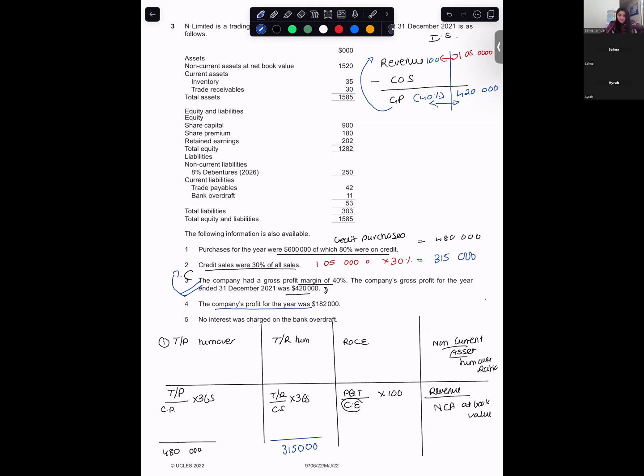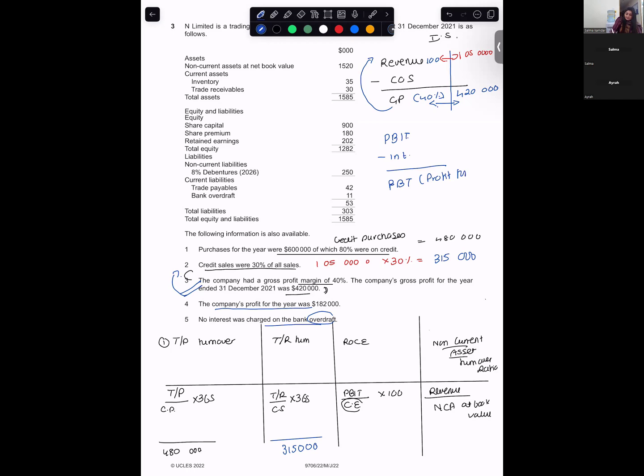The company's profit for the year was 182,000. No interest was charged on bank overdraft. So when I want profit for the year, profit before interest and tax minus interest will give me profit for the year or profit before tax, right?